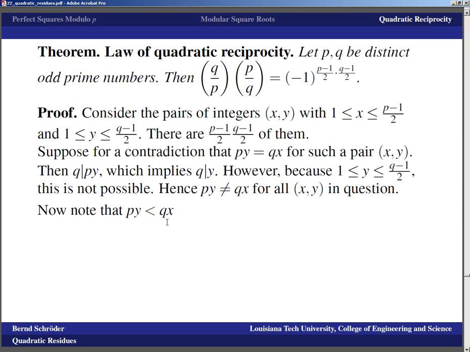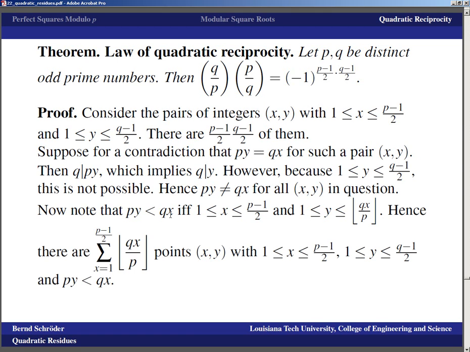Well, when py is smaller than qx, that happens if and only if x satisfies the one constraint that it has, which is that it's between 1 and p minus 1 over 2. And y would have to be greater or equal than 1, because that's this constraint here, but it can at most be the greatest integer below qx over p, because if I multiply anything greater than this by p, I would end up with something that is greater than qx.